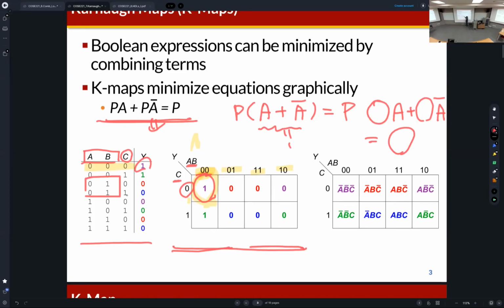So it is 0 1, and then C is 0 and C is 1. Which means 0 is here and then 0 is here.